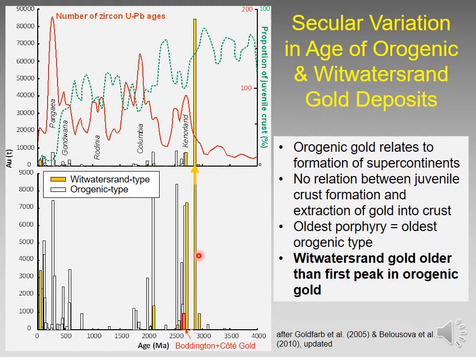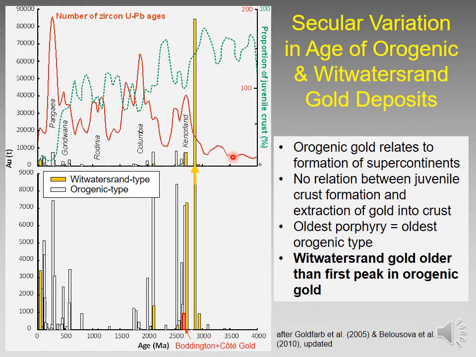So just based on a simple mass balance, there's no way that we can explain the huge amounts of detrital gold, 2.9 billion years in age, from pre-existing orogenic gold deposits, because they obviously didn't exist, or at least we don't know about them.